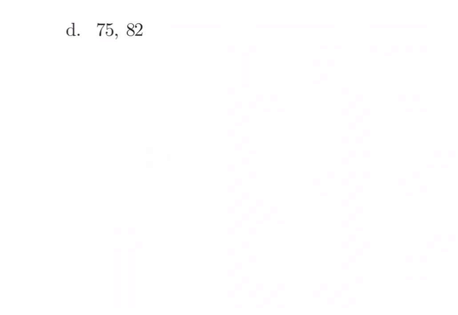All right, example D. If we factor 75, this is 3 times 25, and 25 is 5 times 5. If I factor 82, I get 2 and 41.